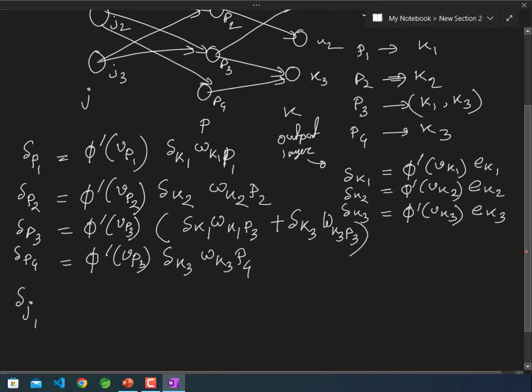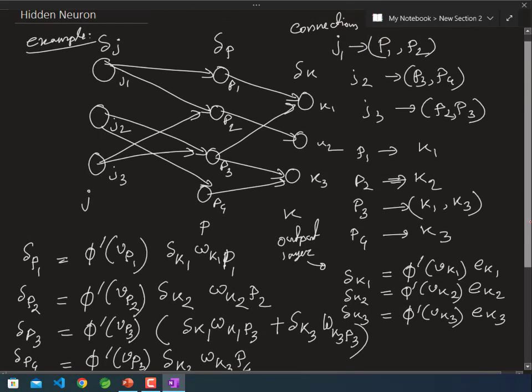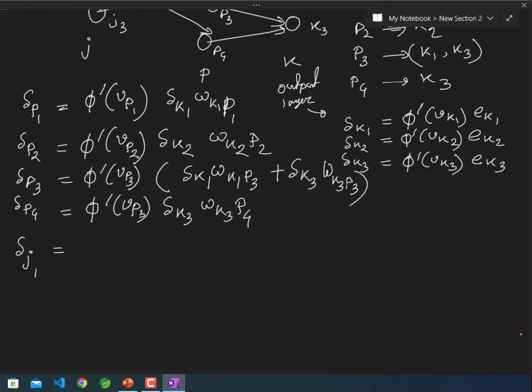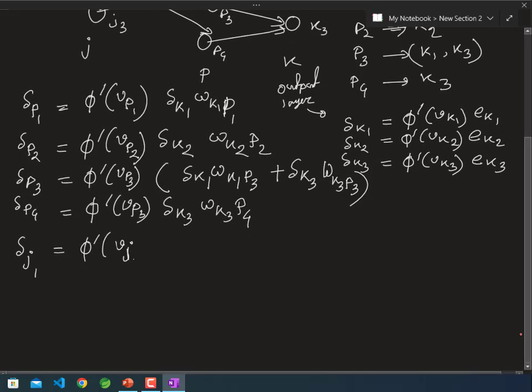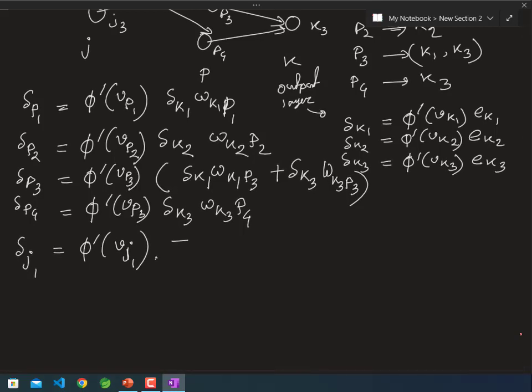So we are going to say J1. J1 is connected with P1 and P2, so you can rewrite the equation as phi prime of V J1 multiplied by two portions: delta P1 with W of P1, connected with J1, right?